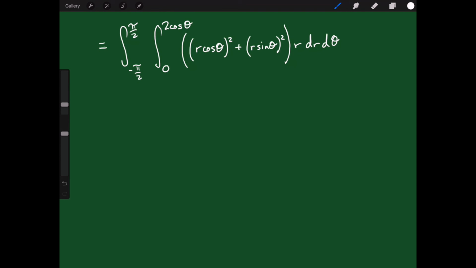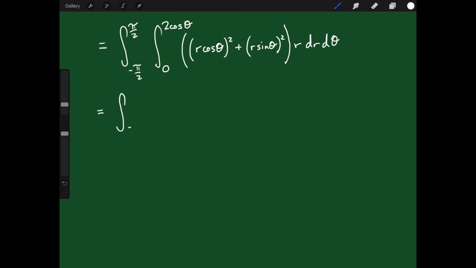So this integral should get the job done for me. You'll find, just like other integration problems, that setting up the integral is most of the battle here. The integration itself, although sometimes time-consuming, isn't really that difficult, but setting up the problem itself is going to be the struggle.